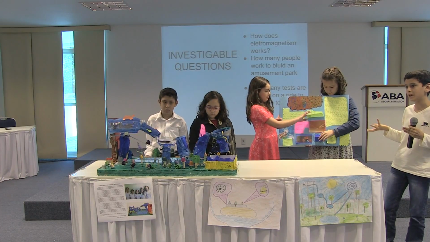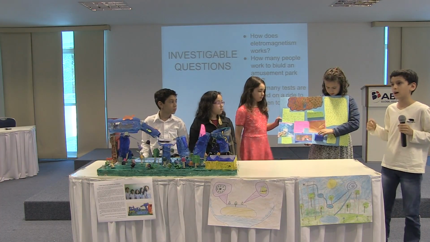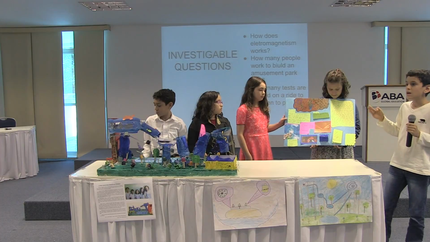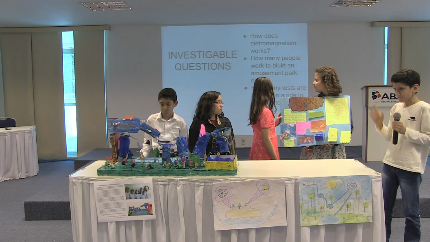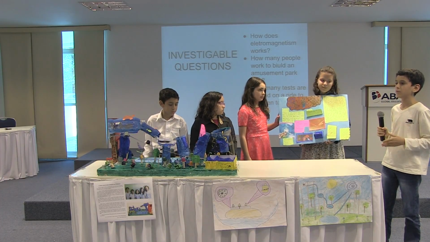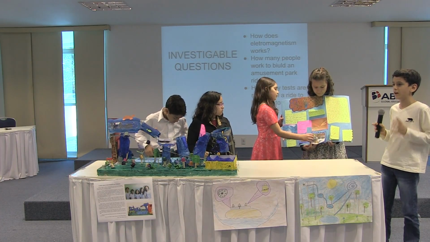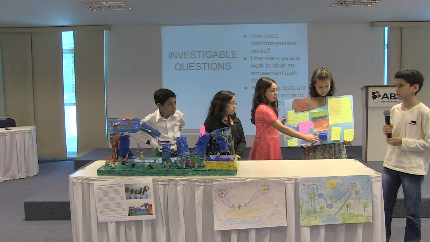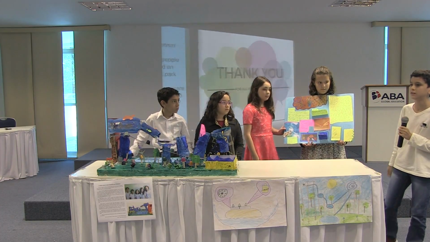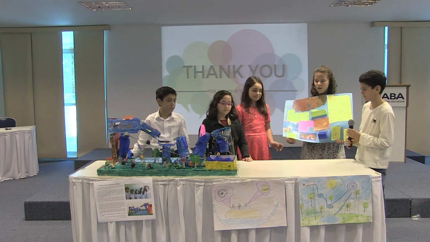And our last question was, how many safety tests are run before a ride is open to the public, to be safe enough? So I hope you enjoyed. That's our question.